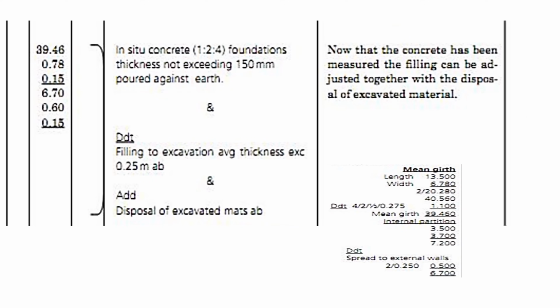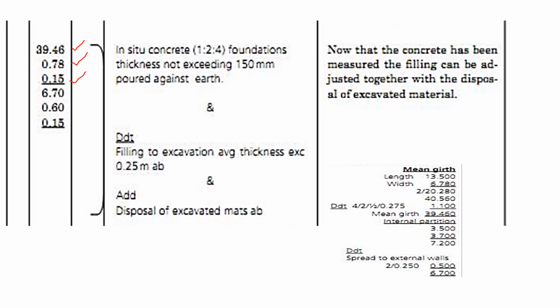All right. We shall proceed to measuring for the concrete in the foundation trenches. To measure for the concrete in foundation trenches, we shall just take the center line of the foundation trenches of the external wall, multiplied by the thickness of the strip foundation of the external wall. We multiply by the 150 millimeters concrete.